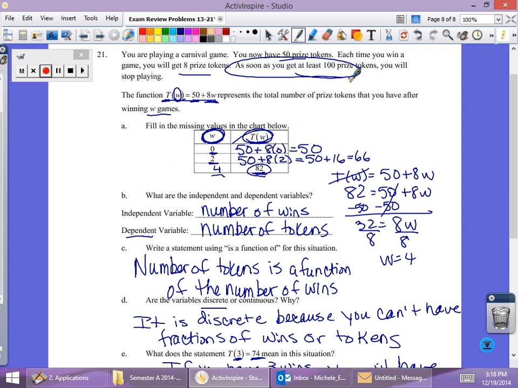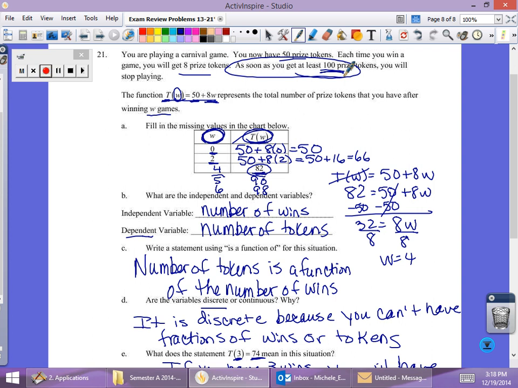So let's continue the table a little bit more and see what happens. If I have 5 wins, which means I would add 8 more tokens, I would end up with 90. If I have 6 wins, I would add 8 more, I'm at 98. Well, if I have 98 tokens, I can still keep playing because I haven't yet reached that maximum of 100.